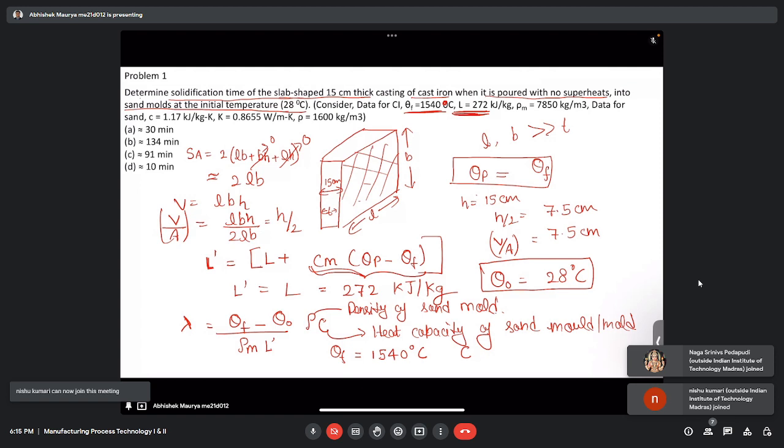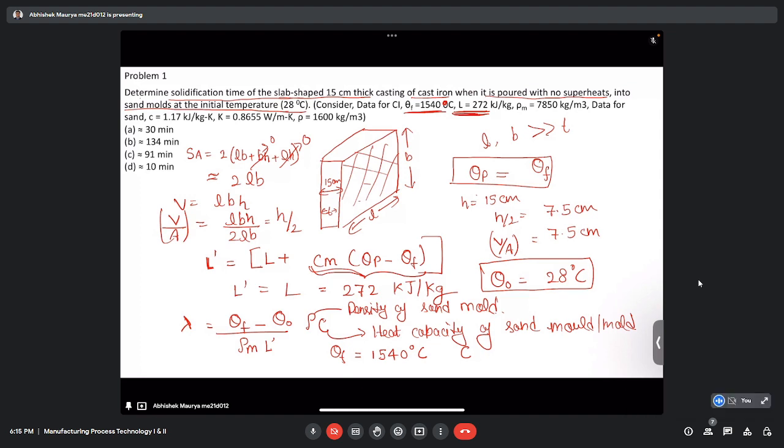It is 28 degrees Celsius. So if we see the lambda, we know theta f, theta 0, and density of the casting material. So theta 0 is 28 degrees Celsius, and rho m is given 7850 kg per meter cube.